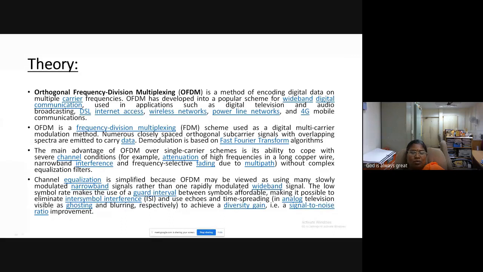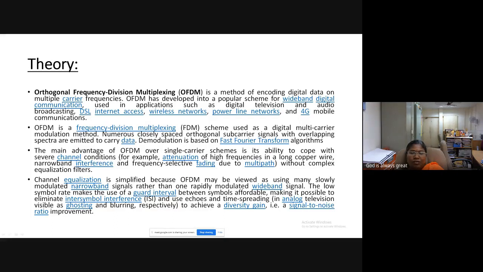Numerous closely spaced orthogonal subcarrier signals with overlapping spectra are emitted to carry data. Demodulation is based on fast Fourier transform algorithms. The main advantage of OFDM over single carrier schemes is its ability to cope with severe channel conditions.